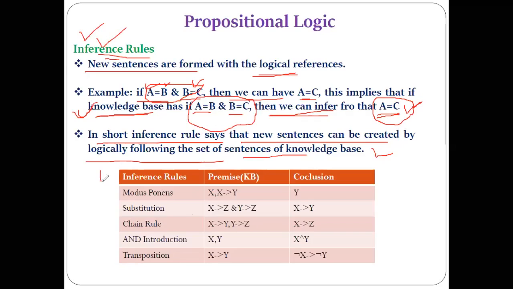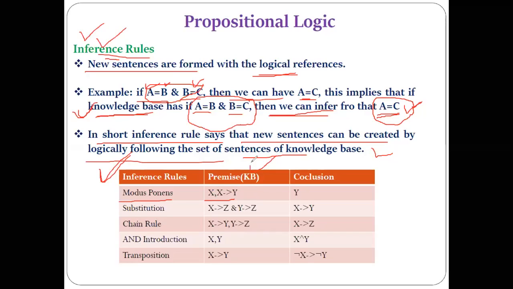So there are some inference rules in propositional logic, and we can have them by name. For example, we have modus ponens. The modus ponens inference rule is like this: x, x implies y. Now these x and y are nothing but propositional symbols present in the knowledge base.